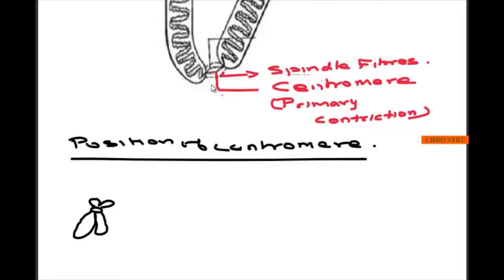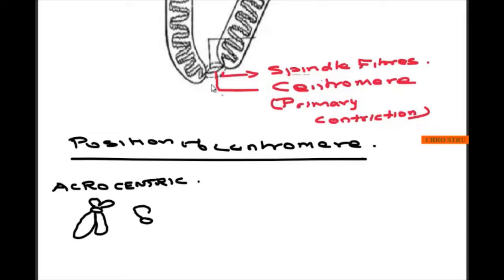This type of chromosome, where you have one short arm and a long arm on the other side, we call an acrocentric chromosome.